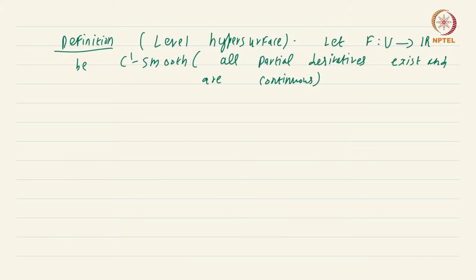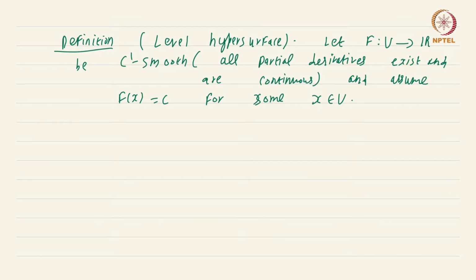Okay, so let f from U to R be a C1 smooth function and assume f of x equals some c for some x in U. So you're fixing a point x in U, and the value at the point x is just c.